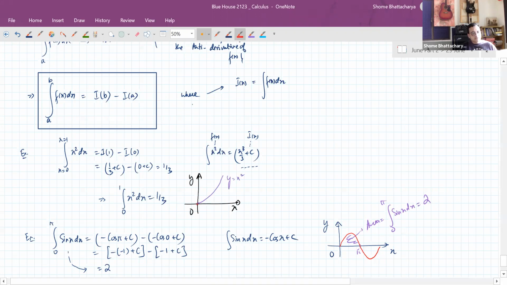If I take 0 to 1, then this area would be equal to 1 by 3. Right now we will not worry about the unit of the area, because we're just treating x and y like numbers. Later we'll see that when they're physical quantities, then the area also has some physical unit.